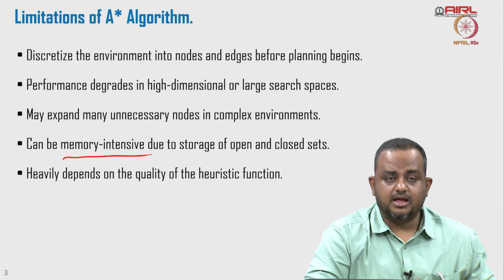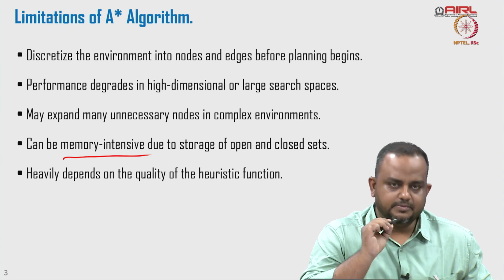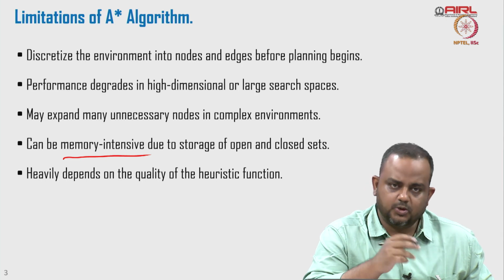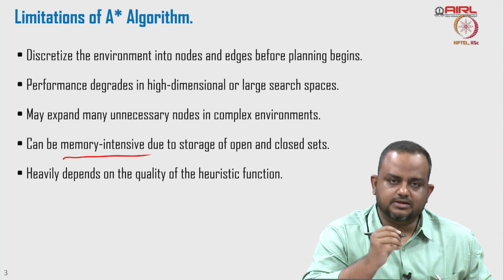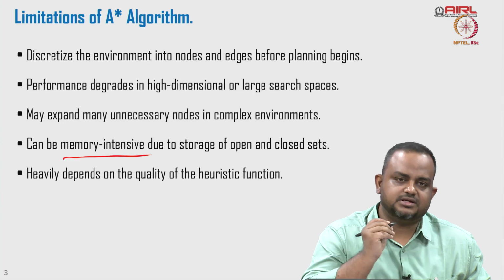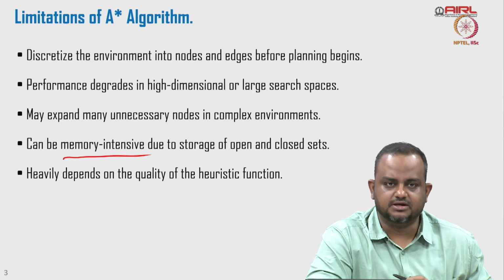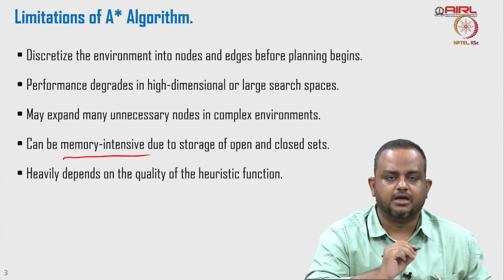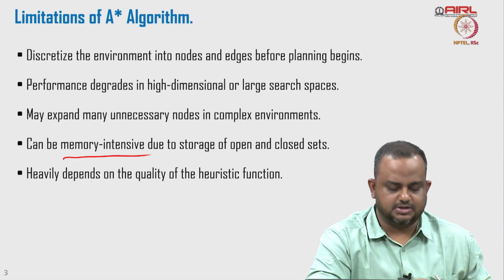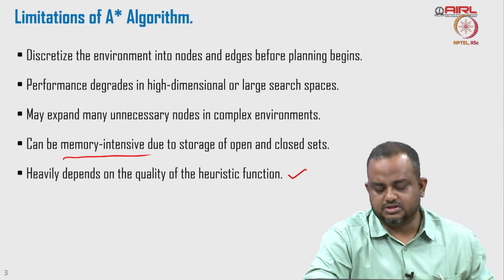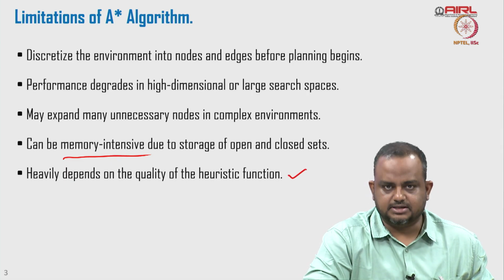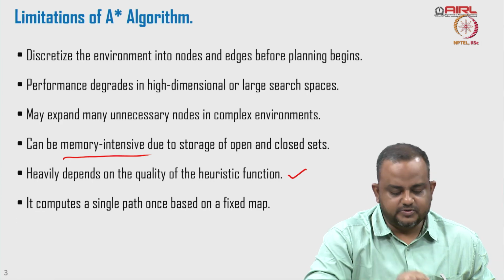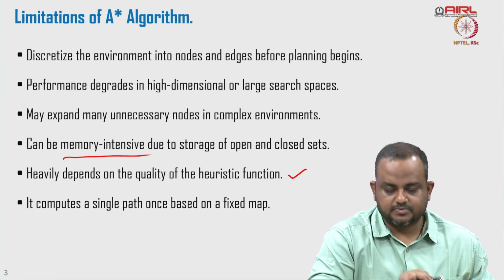Okay. Another very important thing which we have noticed in A star algorithm is that it was performing better than Dijkstra algorithm because we included the heuristic function. But A star algorithm heavily depends on the heuristic function, and if it is not designed or tuned properly, then the A star algorithm may not give good solutions, right. So, it heavily depends on the quality of the heuristic function or the nature we are choosing for the particular problem. Okay. So, it computes a single path once based on a fixed map.